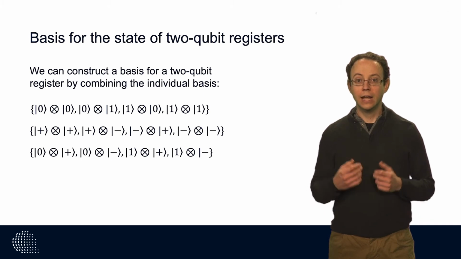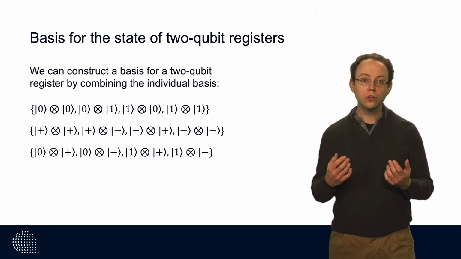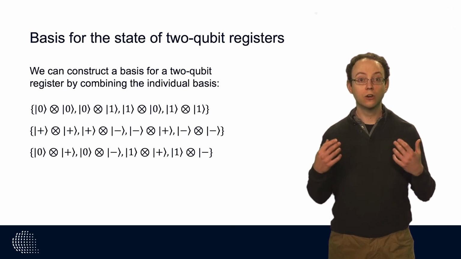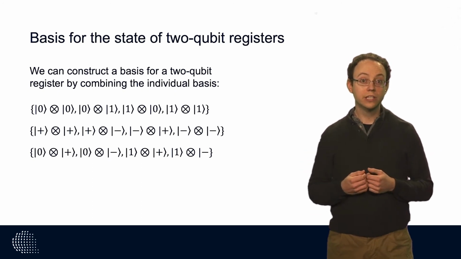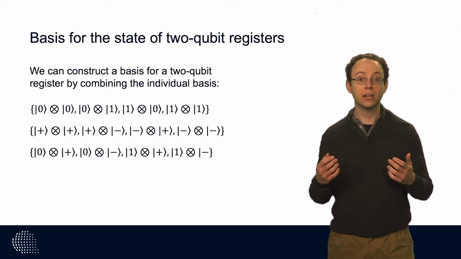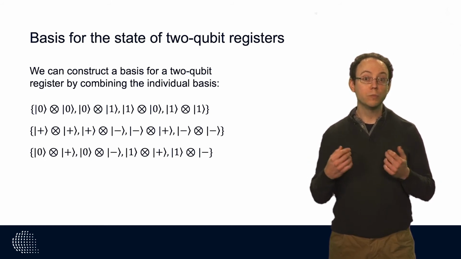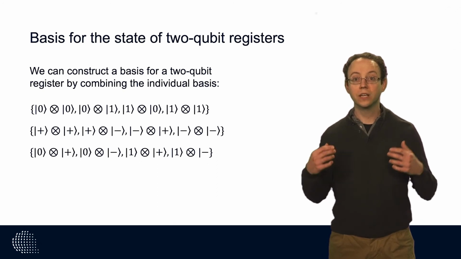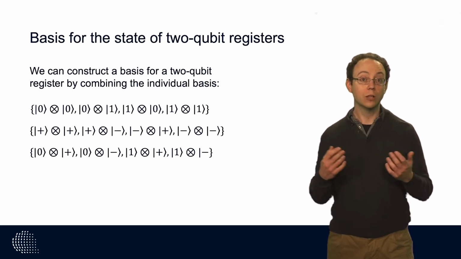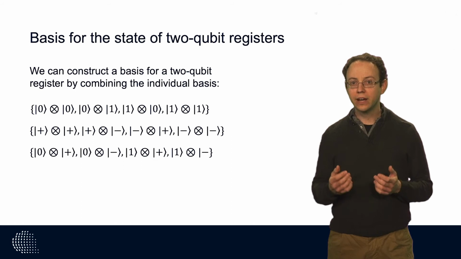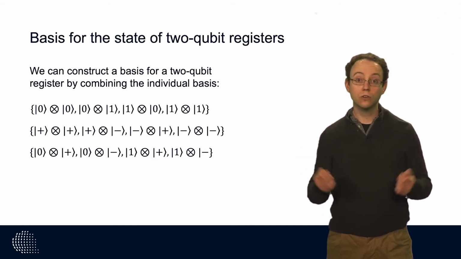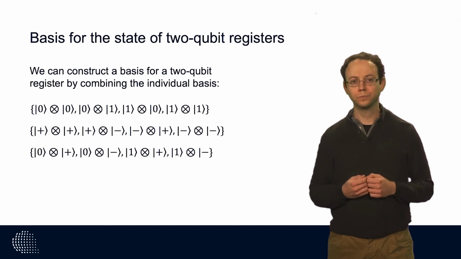Alternatively, one can also directly give a basis of the four-dimensional complex vector space. We could say that we will define a four-dimensional quantum system that will be in the superposition of all combinations of 2-bit strings, that is 0,0, 0,1, 1,0, and 1,1, and identify each string with the corresponding element of the canonical basis of dimension 4.